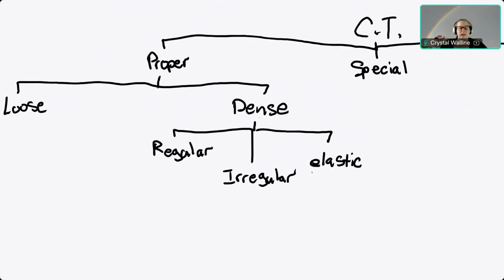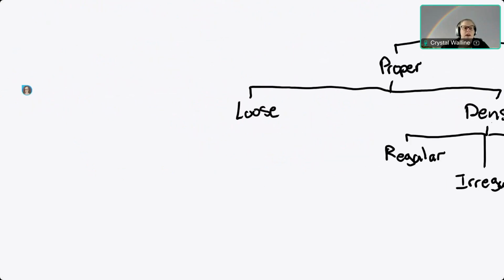In irregular dense connective tissues, the extracellular matrix is arranged in a more random, unorganized way. Elastic dense connective tissues have a lot of those stretchy elastic fibers in them. And we'll see examples of these when we go back to the PowerPoint. For now, let's move on to our examples of our loose, proper connective tissue.